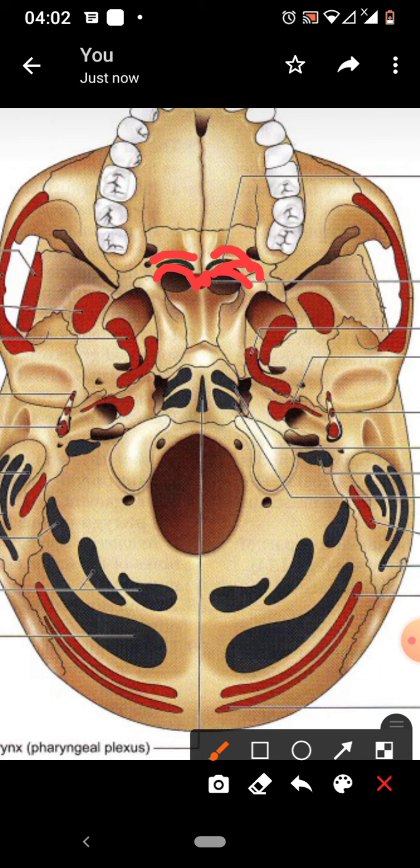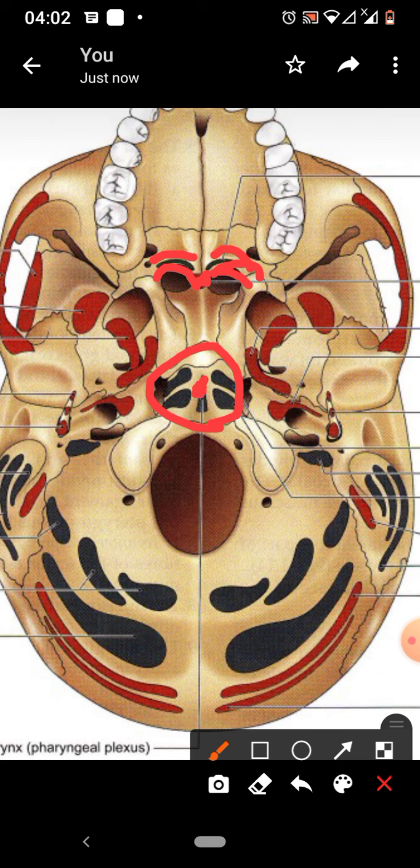So let's come to this bone, which is the basilar part of the occipital bone. Three muscles are attached over here. One muscle is attached to this central point.